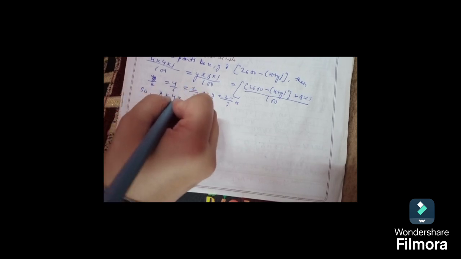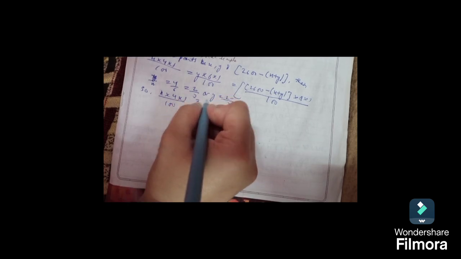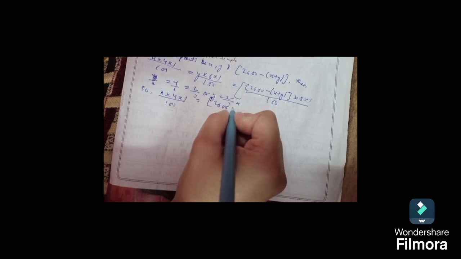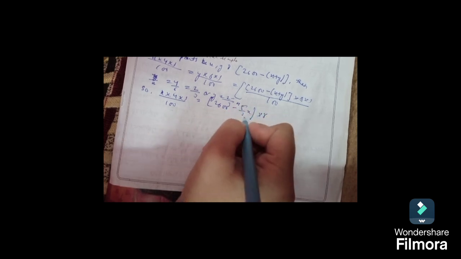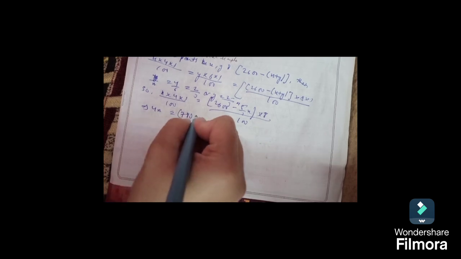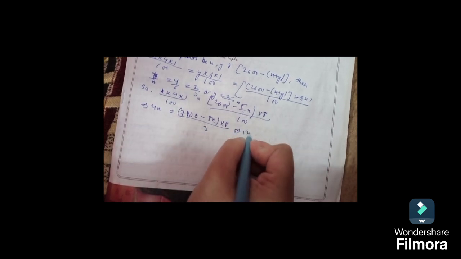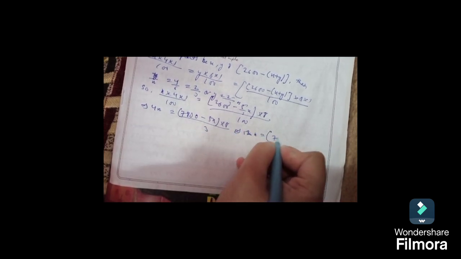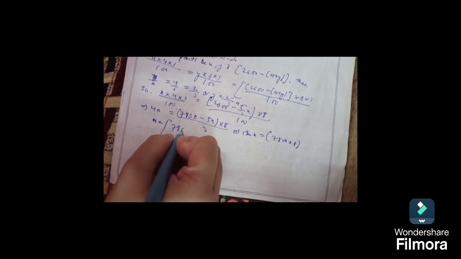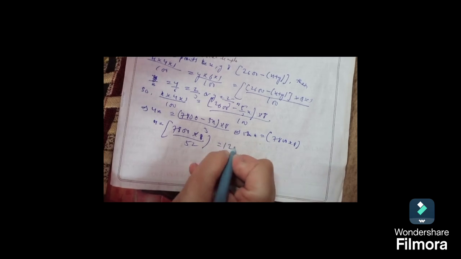So x into 4 into 1 upon 100 equals (2600 minus 5 by 3x) into 8 upon 100. 4x equals 7800 minus 5x into 8 upon 3. 52x equals 7800 into 8, x equals 7800 into 8 upon 52 equals 1200.